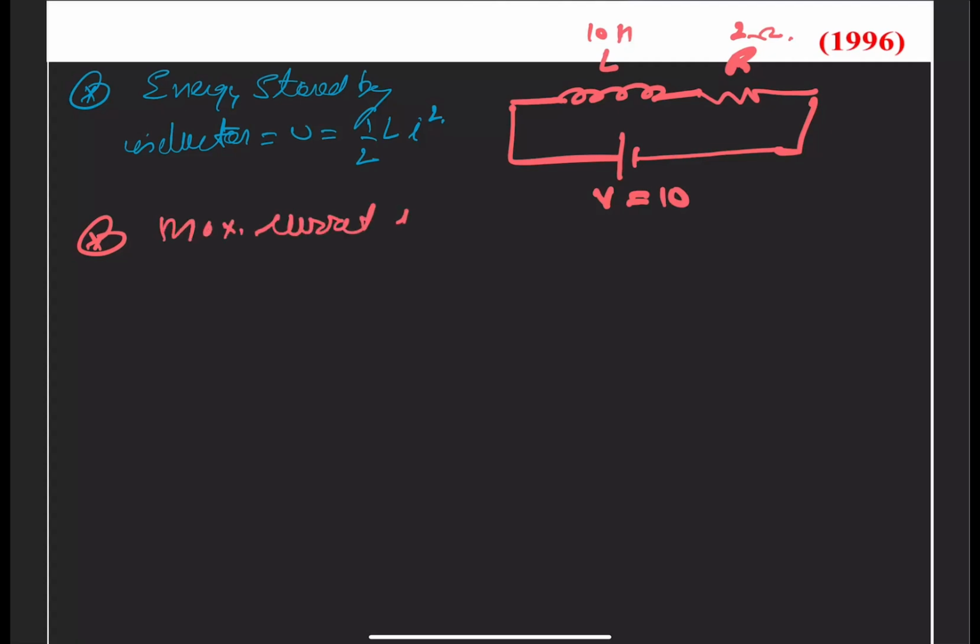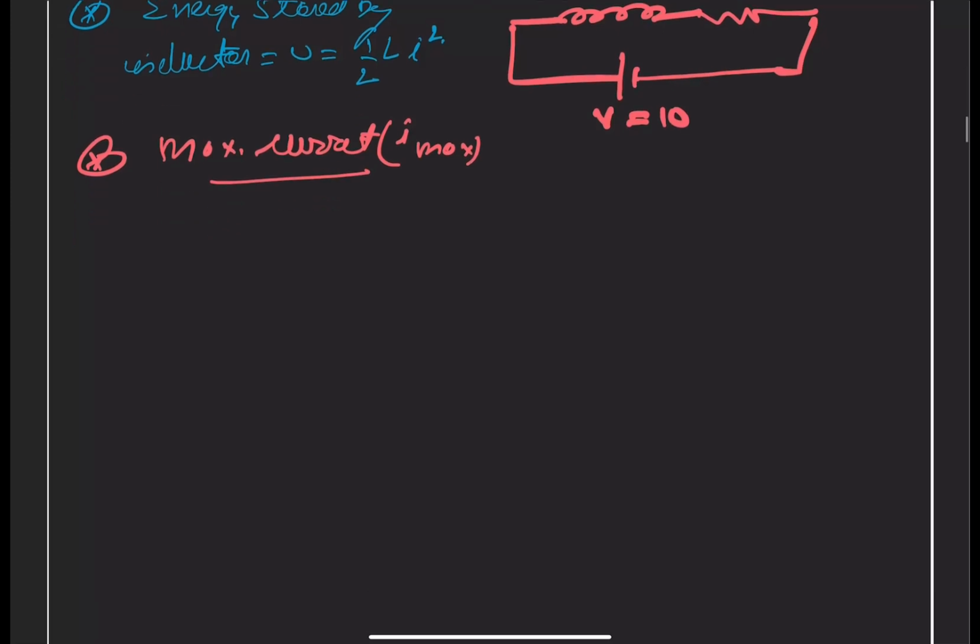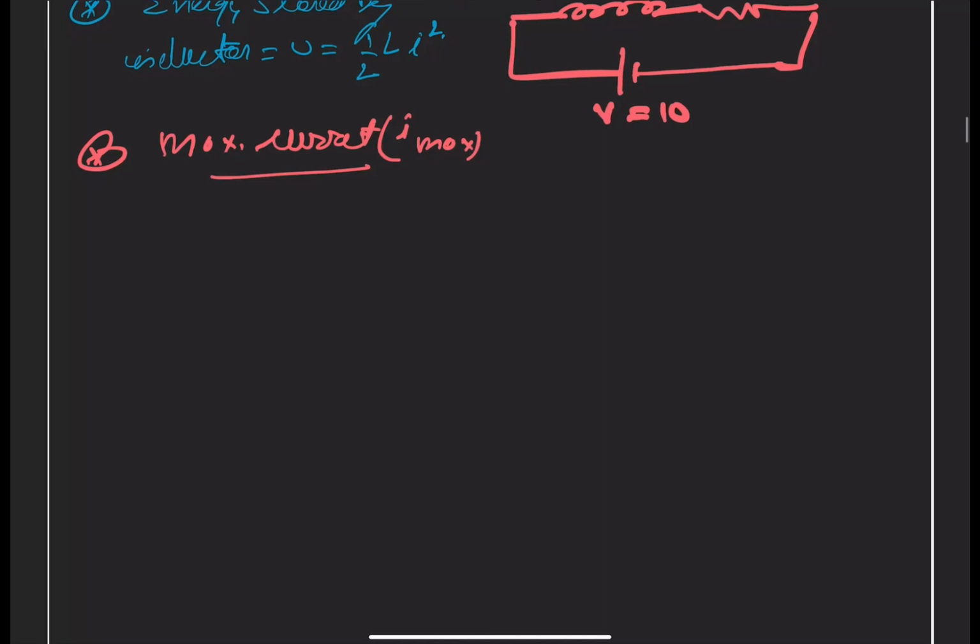Let us call it I max, and this maximum current will be only when the entire circuit has reached the steady state condition. At steady state, which basically means that t tends to infinity, current reaches its maximum value.